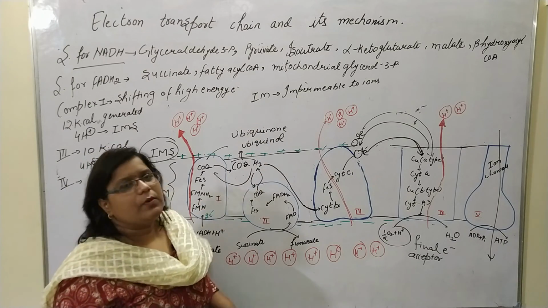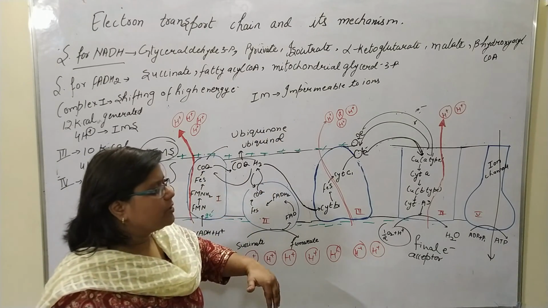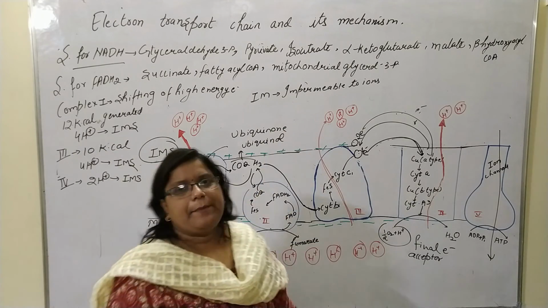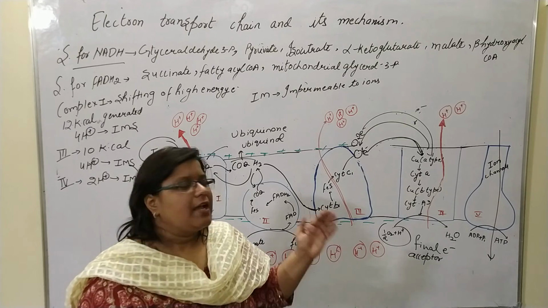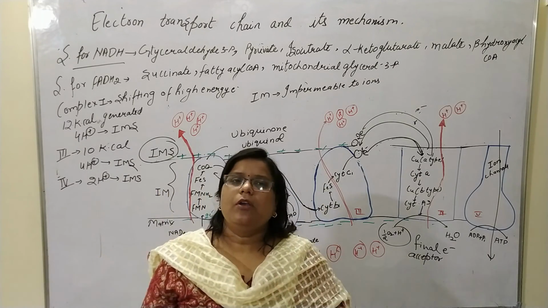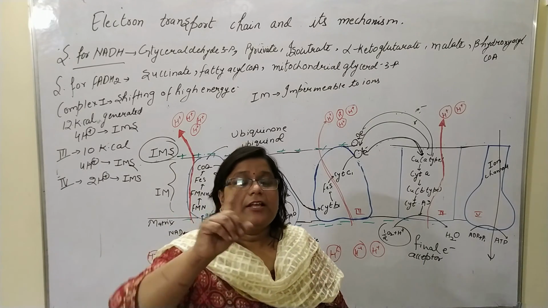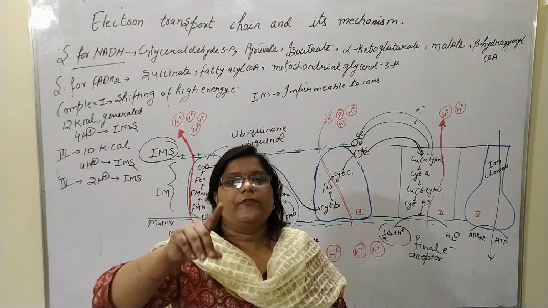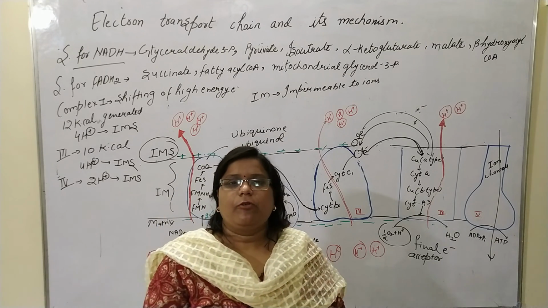When the balance is reversed and protons pump back into the matrix, the ATP synthase complex 5 comes into action and converts ADP into ATP. This is the whole ETC cycle. The complex 5 process we will study in oxidative phosphorylation, and we will make a separate video for that.